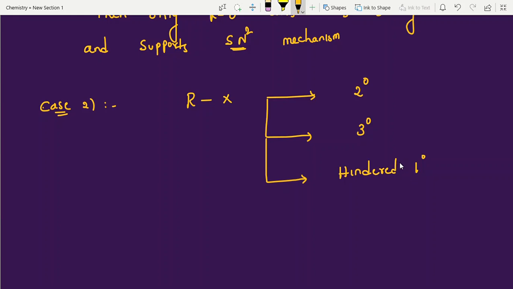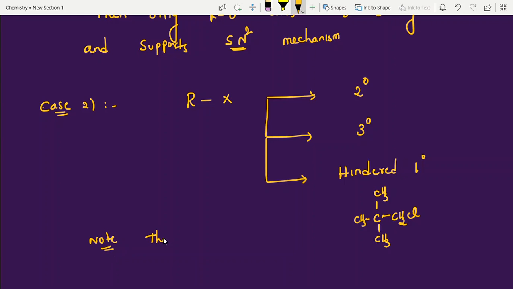So hindered primary means the group is like this, CH3, and what about this one? This is also CH3, CH2Cl. This is also not favorable. This is hindered primary. So then you can write the note point.